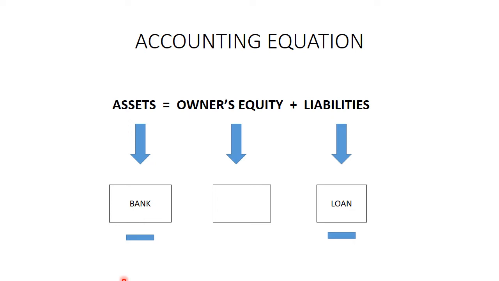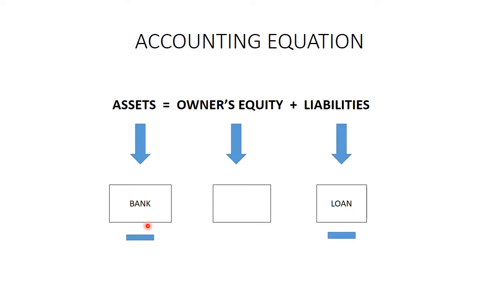So assets are equal to owner's equity plus liabilities. How? It's easy. Let's assume that you paid 5,000 rand towards the loan. Your loan balance, or the amount owing, will be reduced by 5,000 rand. This 5,000 rand was taken from your bank account.